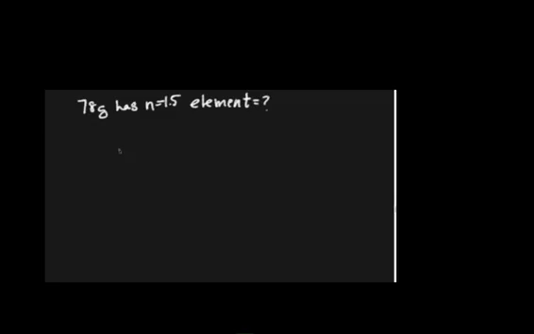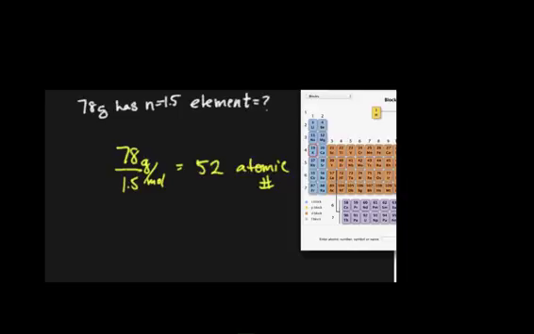Let's do it. So 78 divided by 1.5 gives us grams per mole, which gives us 52. This is the atomic number. If we come over here on the periodic table, 52, that's not the right answer, though.